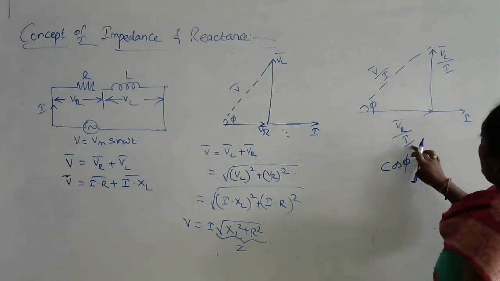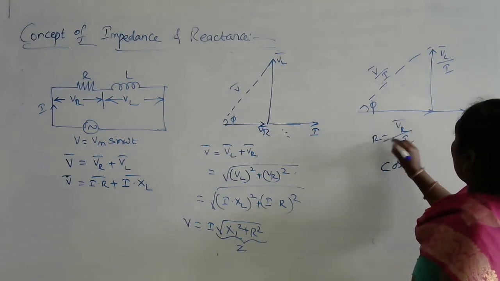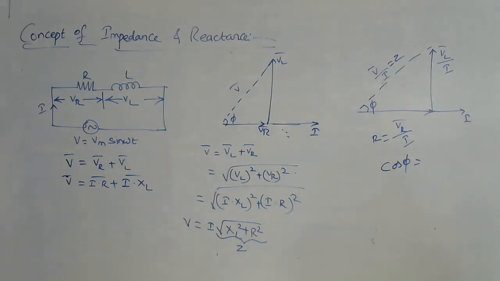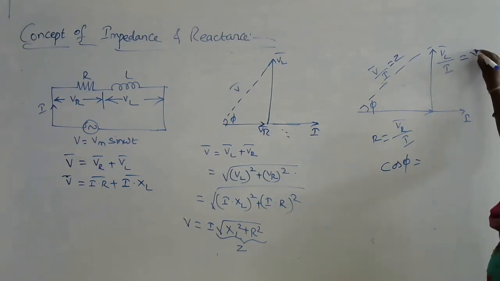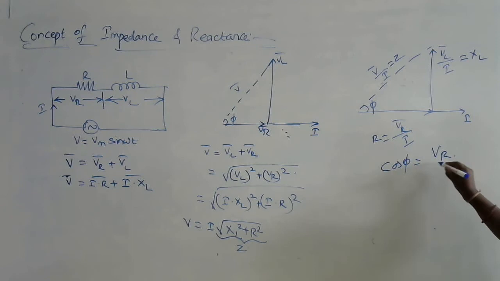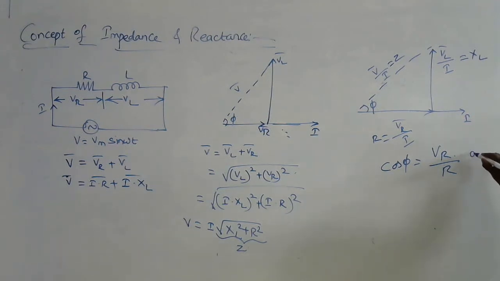Here VR by I is nothing but R, V by I is equivalent to Z, and VL by I is equivalent to XL, as I am relating it to the inductance terms. So we can write cos phi as VR by V, which is R by Z.